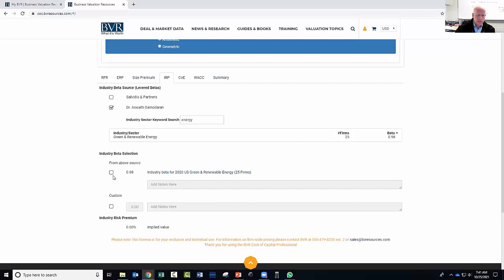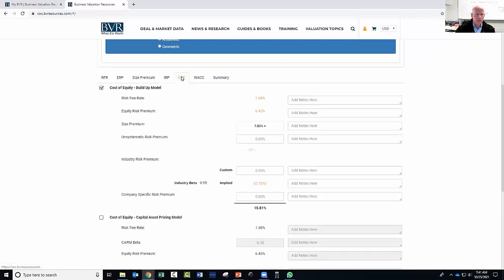And I'm going to go ahead and use that. I don't feel the need to put in a customized rate. But it gave us an industry risk premium implied at about 0.13%, so less than 1%. So as I look at this now, I can go ahead and look at the cost of equity. And I can either do it through the build-up system, or I can do it through the capital asset pricing model, or the CAPM model.